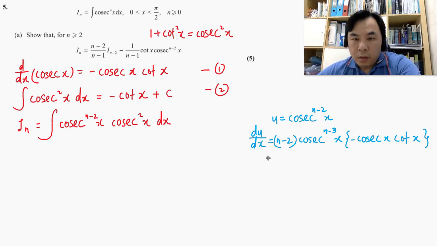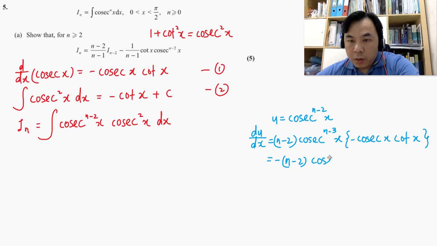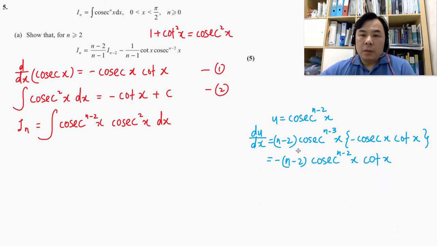Right. Now by touching up a bit, so I can write this down as this. Now I know that there's a cosecant here that would further reduce this to 2, and then I still have my cotangent there. Okay, now that is my du dx, right?